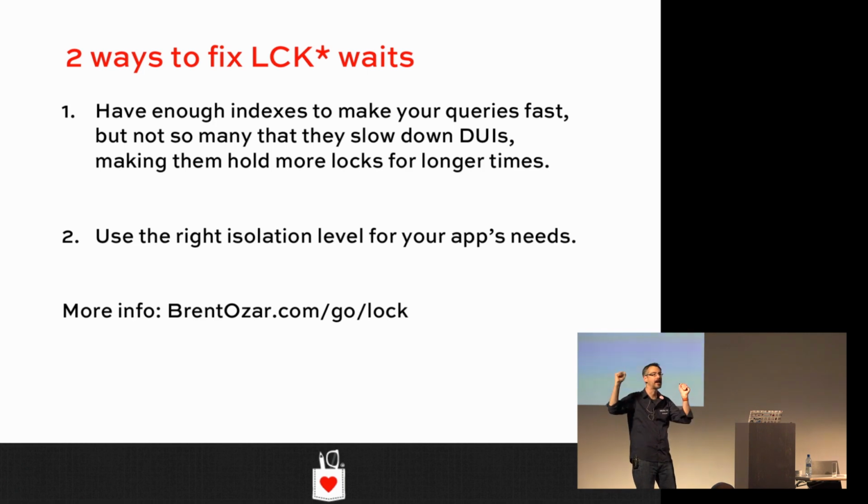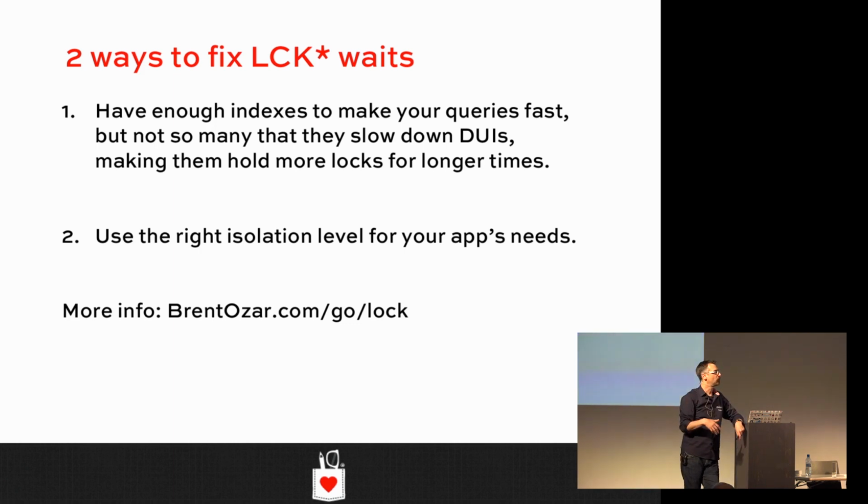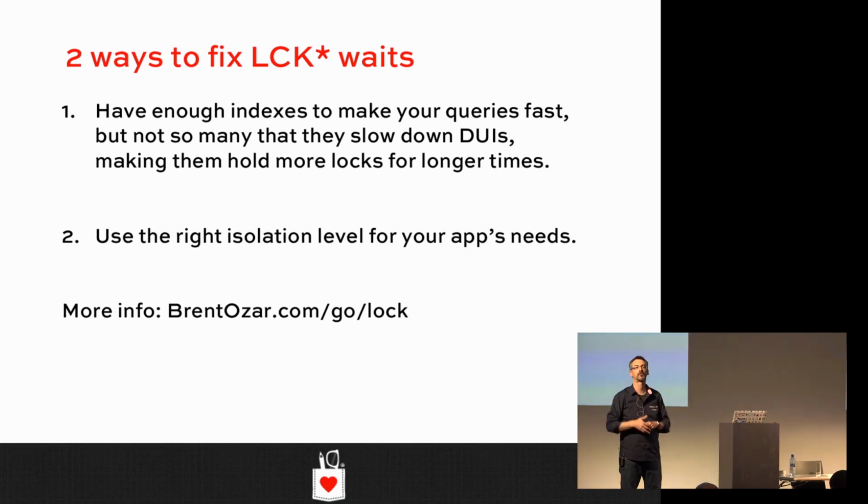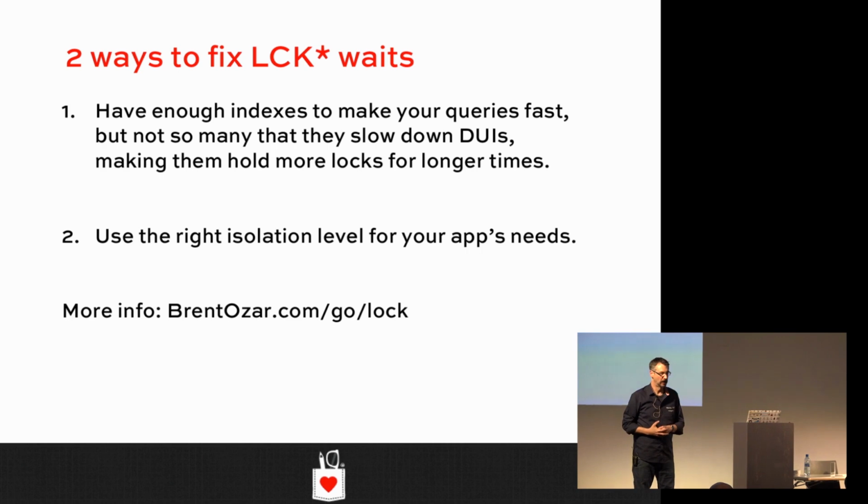It's freaking amazing and makes a lot of blocking problems go away. And because this is something that comes up all the time, we have easily 50 different blog posts on brentozar.com/go/lock, where we show you how to analyze deadlocks, do wait stats analysis, do index analysis to find exactly the right mix of indexes for you.